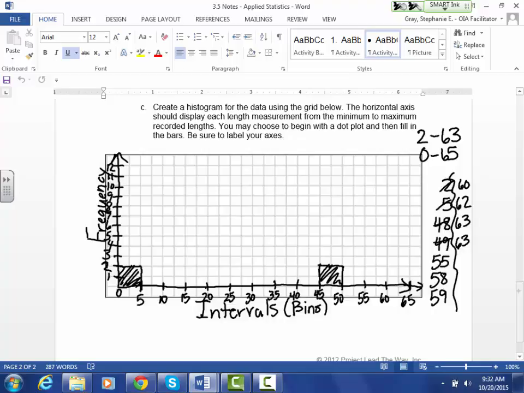In a histogram, your bars are going to touch. And that's because there's not any space on this number line here. So on a bar graph, usually your bars don't touch together like that. Okay, how about between 50 and 55? Just this one, right?